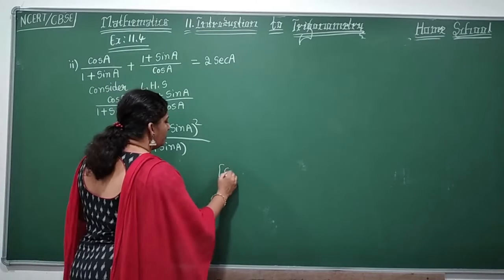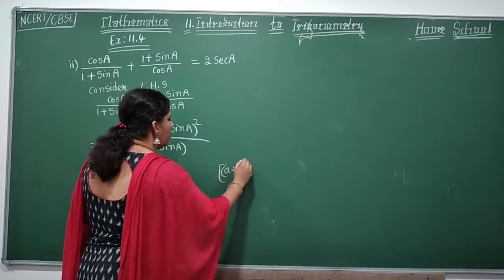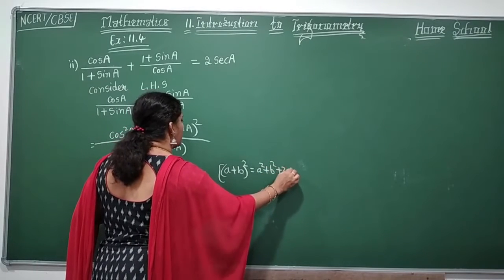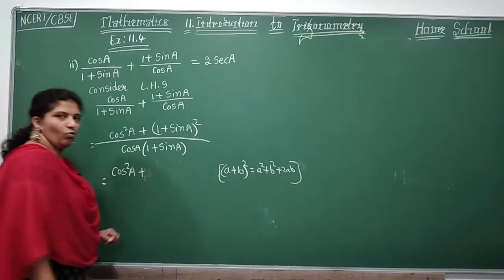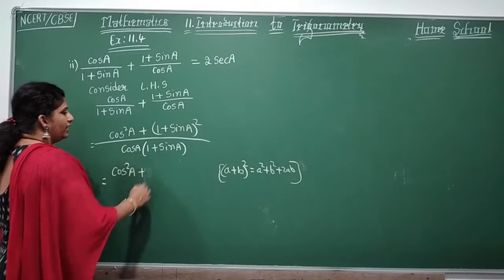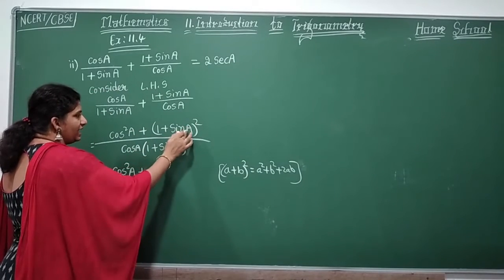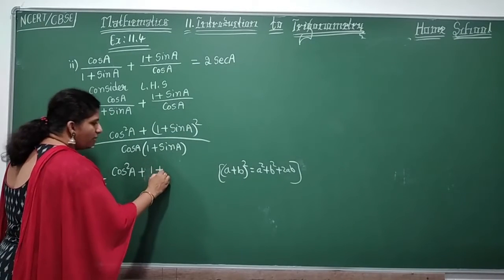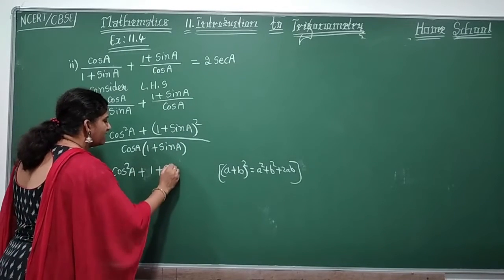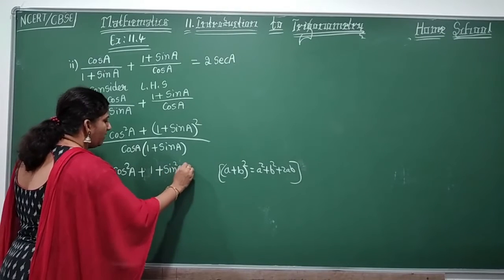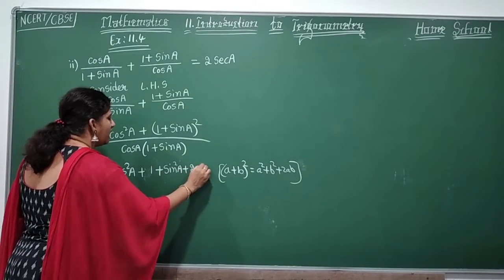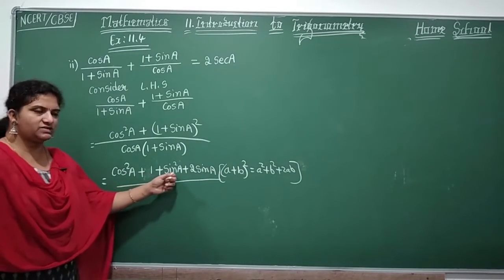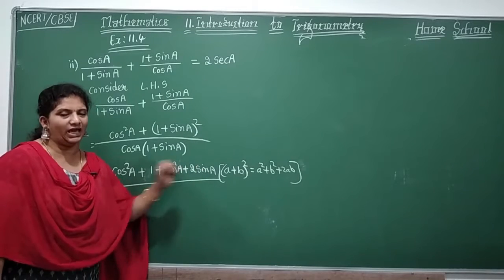A plus B whole square is equal to A square plus B square plus 2AB. Well-known formula. That is 1 plus sin A whole square. How do you write? 1 square is 1 plus B square is sin square A plus 2 sin A. Look here carefully: A square plus B square plus 2AB.